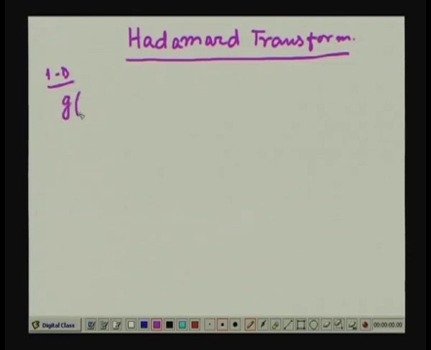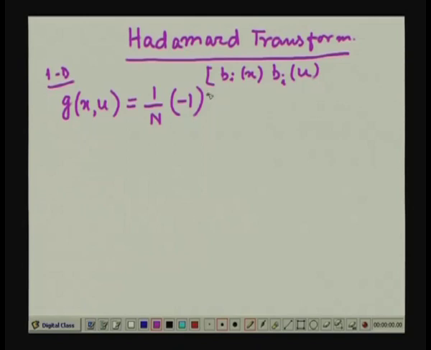The forward transformation kernel is given by g(x,u) equal to 1/N times (-1) to the power summation b_i(x) b_i(u), where i varies from 0 to n minus 1.